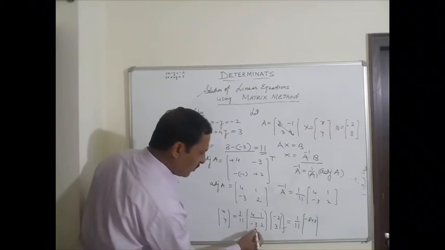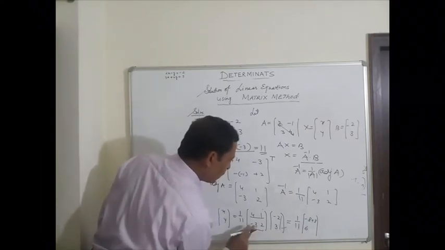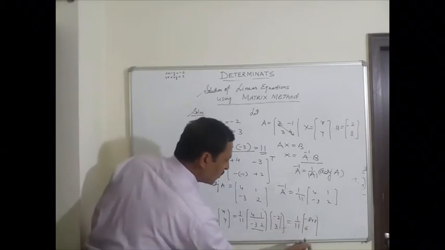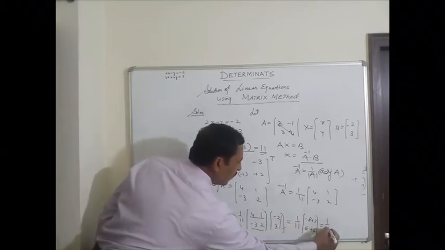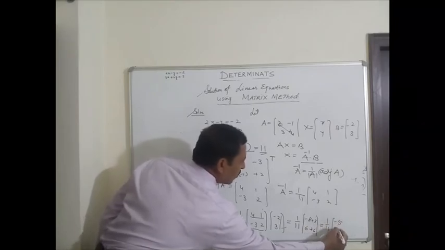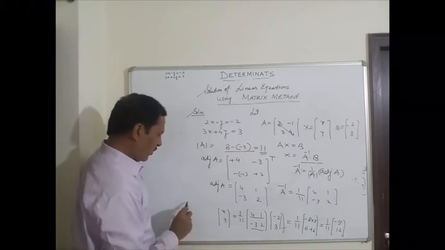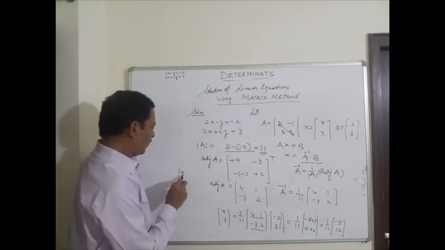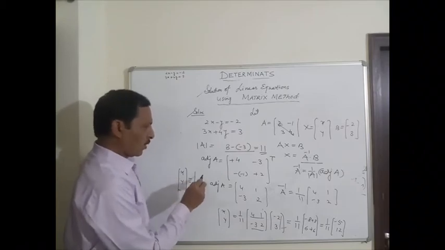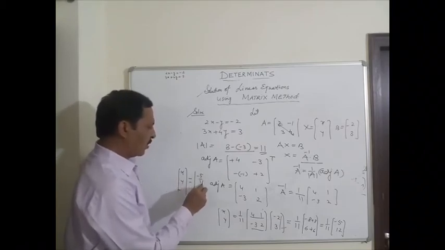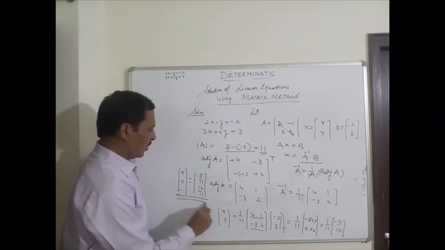For the next one, what is it? -3 into -2, that is 6, and plus 6. So it's going to be 1 over 11 times (-5, 12). So what is the value of XY? The XY matrix answer comes out to be -5 by 11 and 12 by 11. This way.